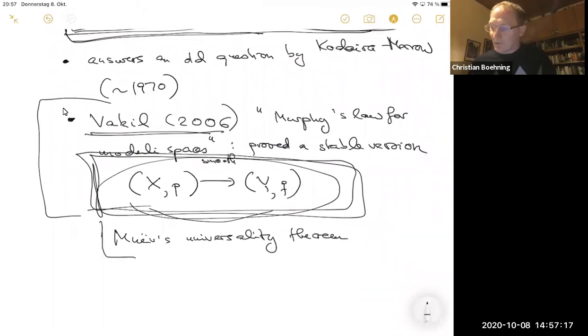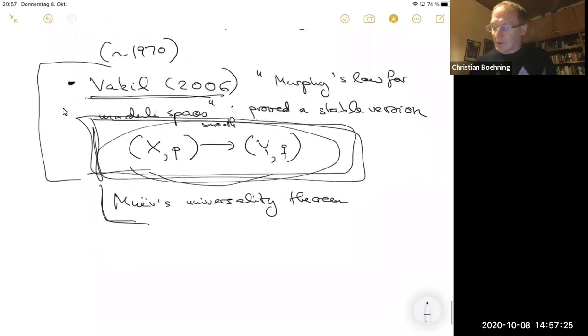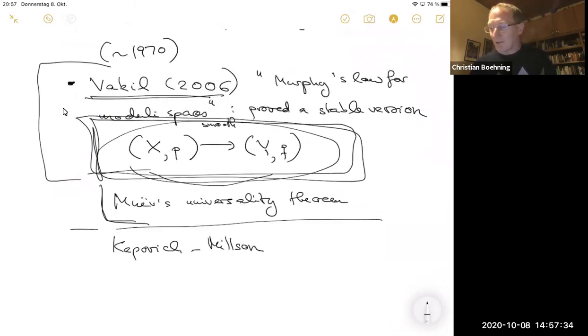Well, to prove this, you really have to allow for the addition of extra parameters. And there's also a non-stable version of this due to Kapovich-Millson, but we first thought we could use their work to immediately get this conclusion.